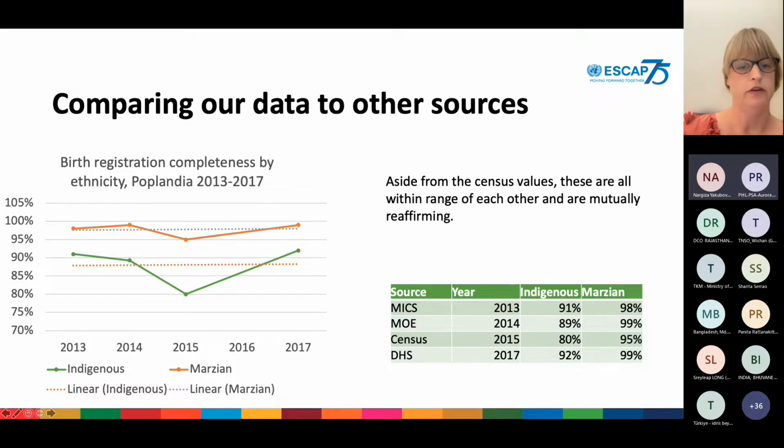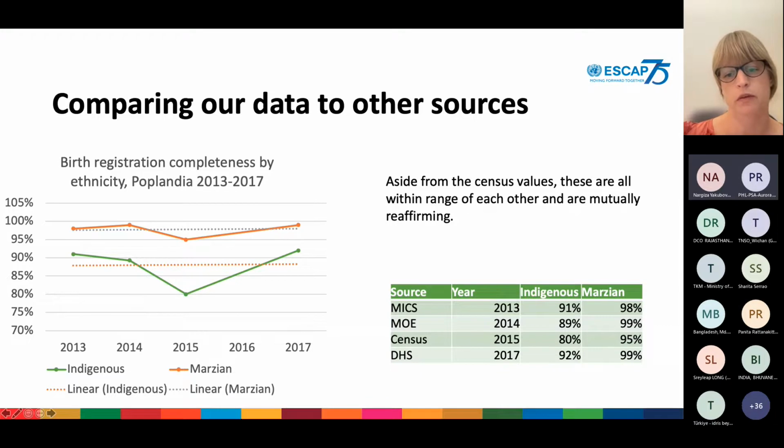And then if we just looked at the trend over time, that's what this little dotted line is here. If we look at it, it looks pretty flat, maybe slightly improving, but not by too much. But also we can see that all of our estimates, perhaps aside from the census here, are within close range of each other.